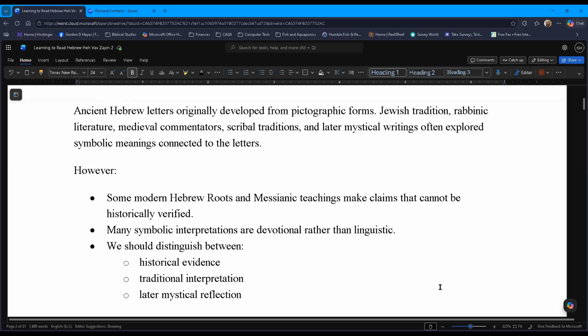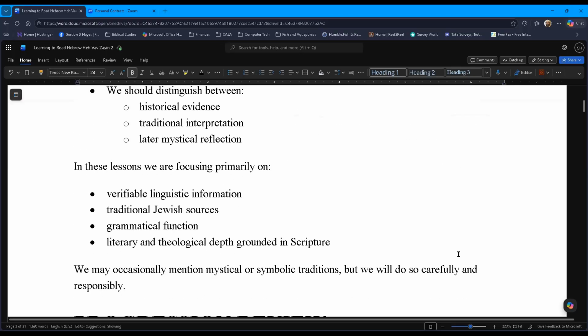Many of these symbolic interpretations are devotional rather than linguistic. And I want to distinguish between the historical evidence, traditional interpretation, and later mystical reflection. So in these lessons, we're focusing primarily, not completely, but primarily on verifiable linguistic information. I think that should be our foundation.